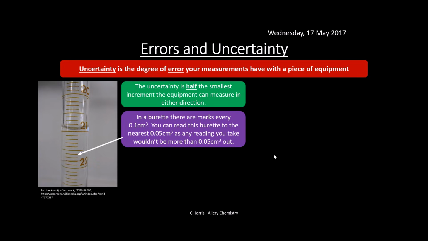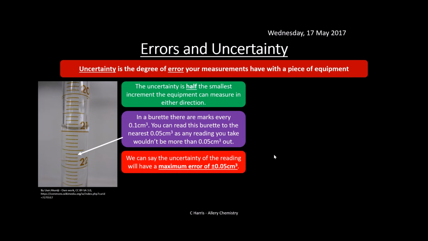And you can read this burette to the nearest 0.05 centimeters cubed, as any reading you take wouldn't be more than 0.05 centimeters cubed out. So you can pretty much read it to that degree of precision. So we can say that the uncertainty of the reading will have a maximum error of plus or minus 0.05 centimeters cubed.